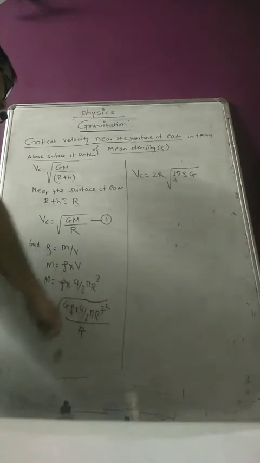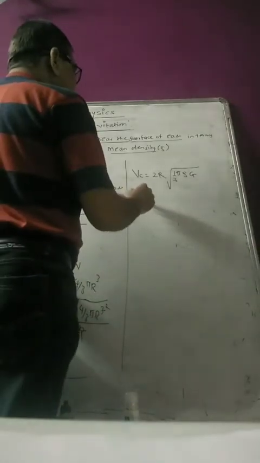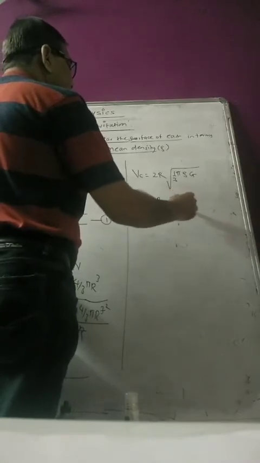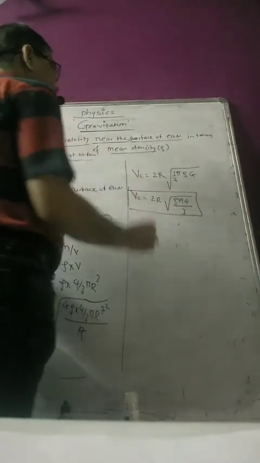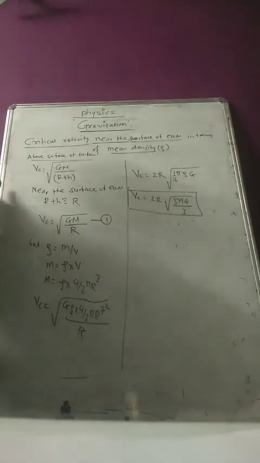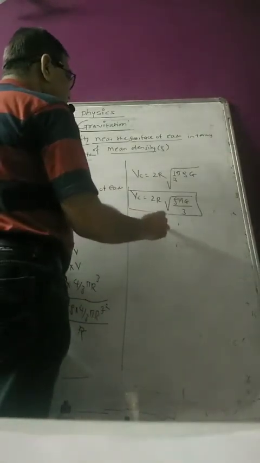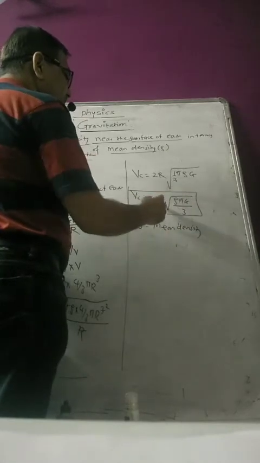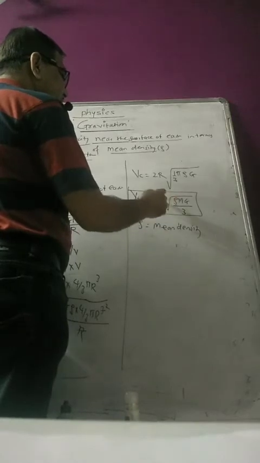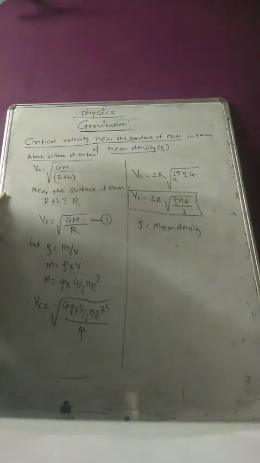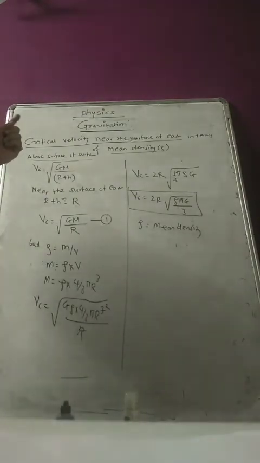So pi rho g by 3, or Vc is equal to 2r under root of rho pi g by 3. So that will be the critical velocity in terms of mean density. Here rho is the mean density of the earth, G is the gravitational constant, R is the radius of the earth, and Vc is the critical velocity.